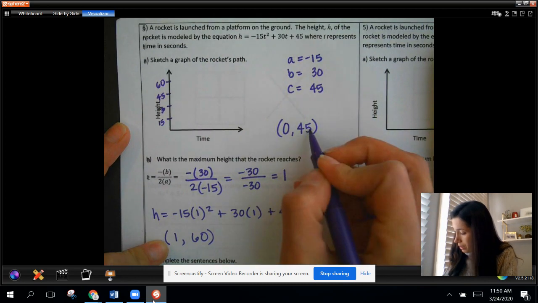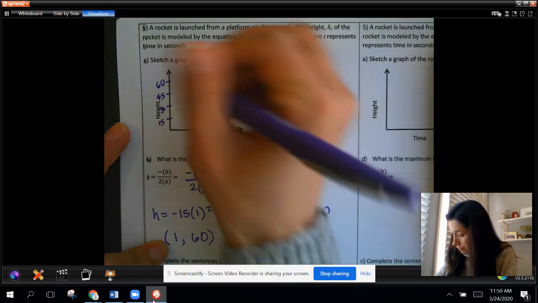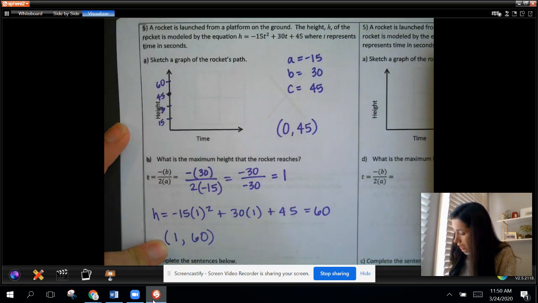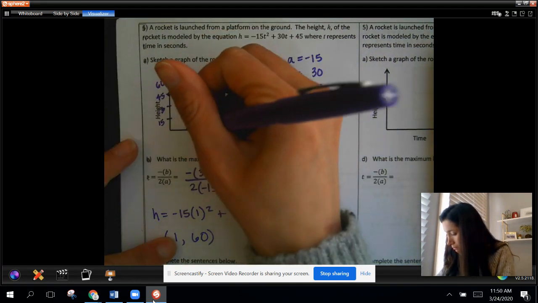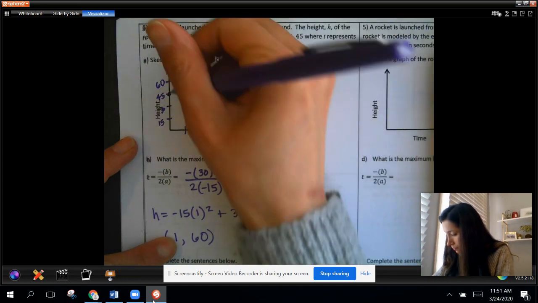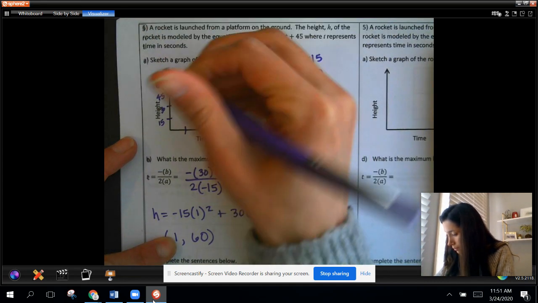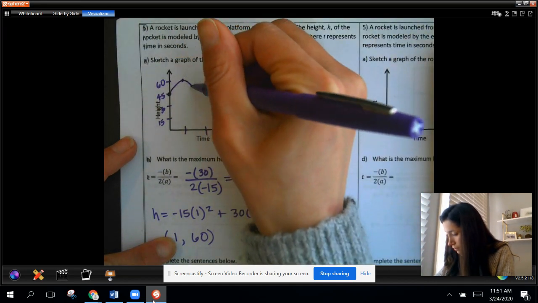So we start out at 0, 45. So I'll put a point here. We then have our max height at 1, 60 here, and then we just have our rough sketch of the parabola.